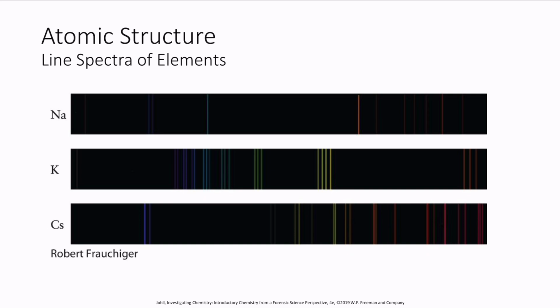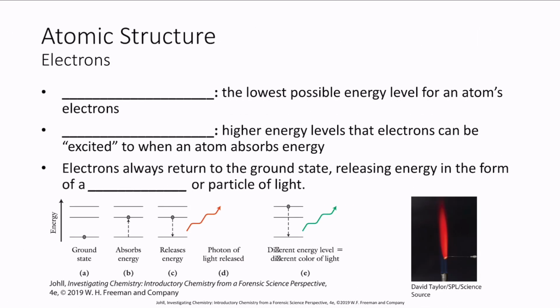Now, the reason we have these different spectra is due to electrons. Electrons exist naturally in what is called the ground state. So the ground state is going to be that lowest possible energy level for an atom's electrons, so where they naturally occur.